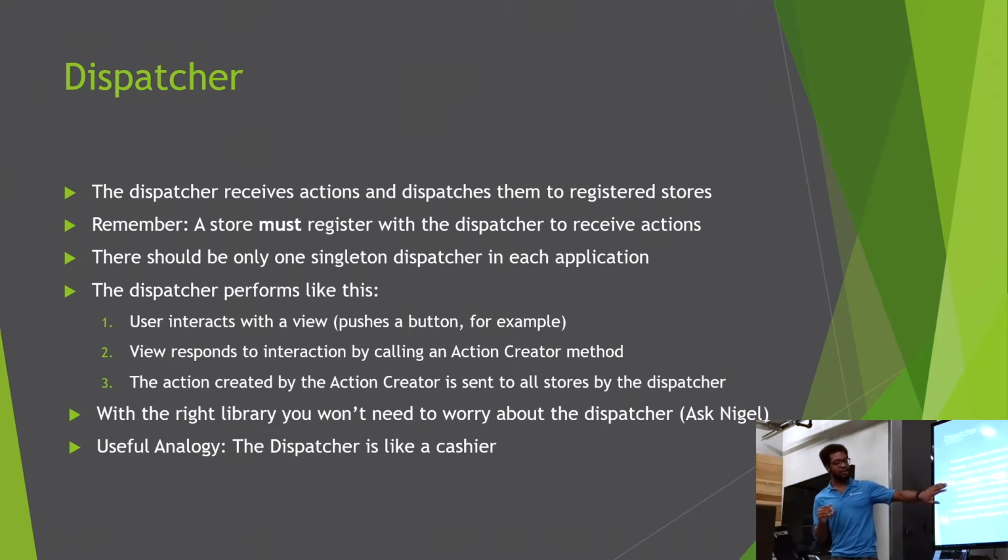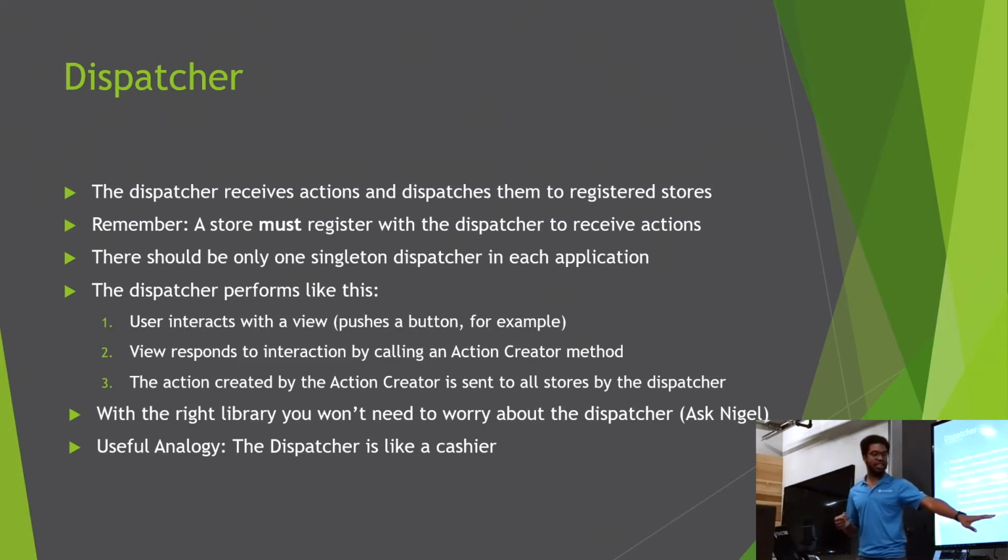The dispatcher performs as you see here. Basically, when the user interacts with the view, it's going to respond to that interaction by calling the action creator method. Once that method gets called, the action is passed to the dispatcher, and then the dispatcher just passes it to the store. Simple as that. It's a handover.